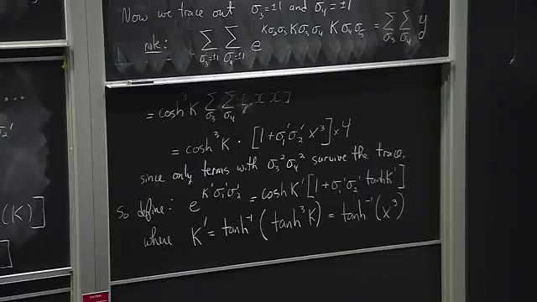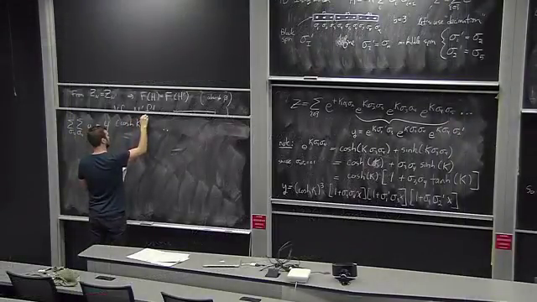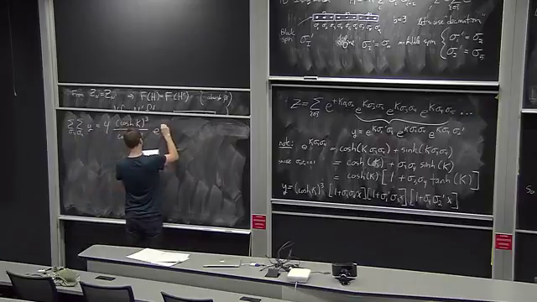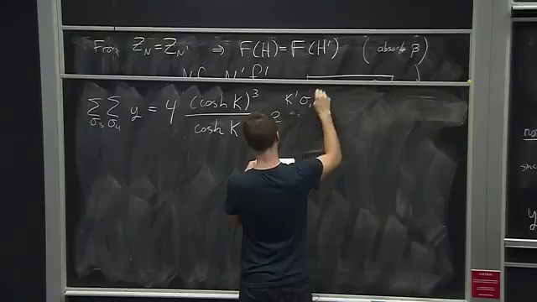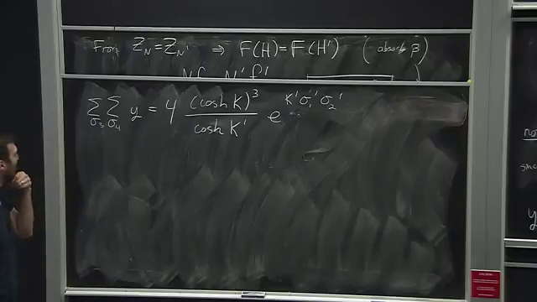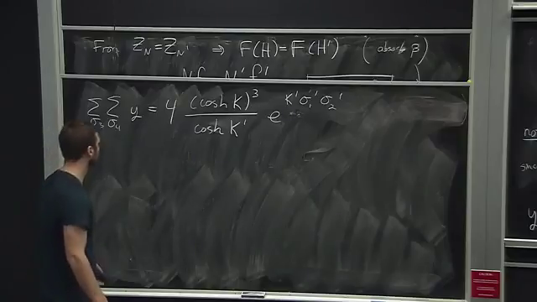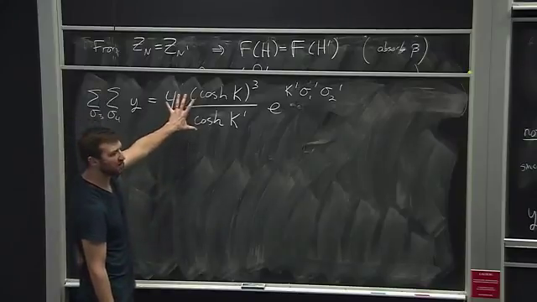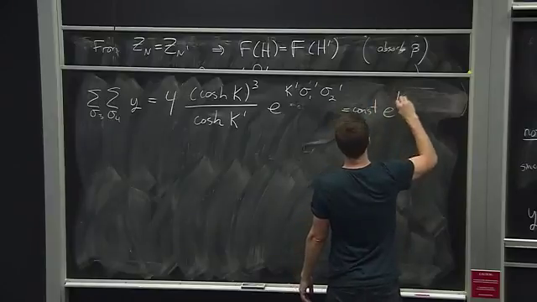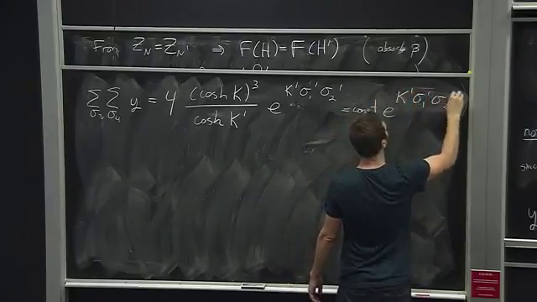And sigma 3, just to summarize, it's going to be 4 hyperbolic cos cubed, which is just some constant times this piece, K prime, sigma 1 prime, sigma 2 prime.